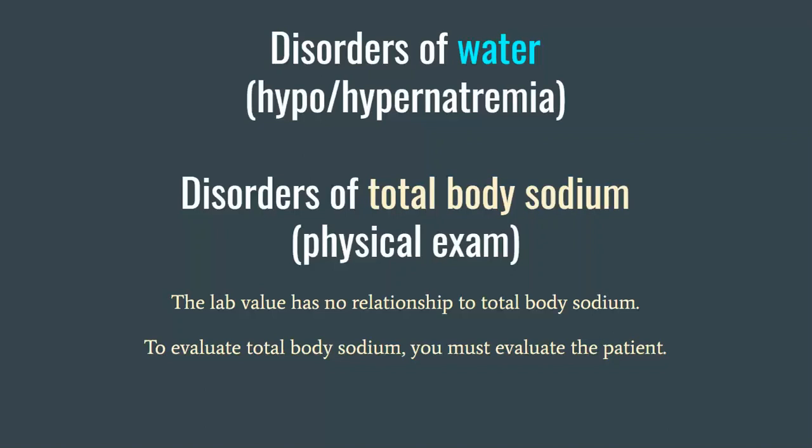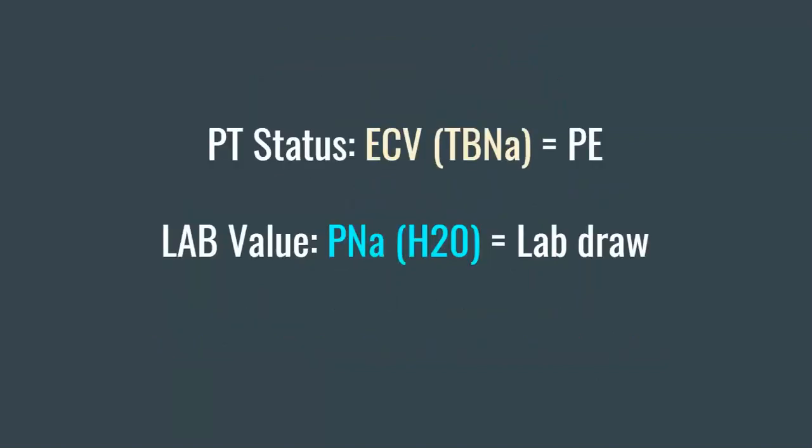To evaluate total body sodium, you've got to check on the patient. Saying this one other time: extracellular fluid volume, total body sodium, is physical exam. Plasma sodium is water, the amount of free water that is there because of the osmolarity. And that affects your lab draw.